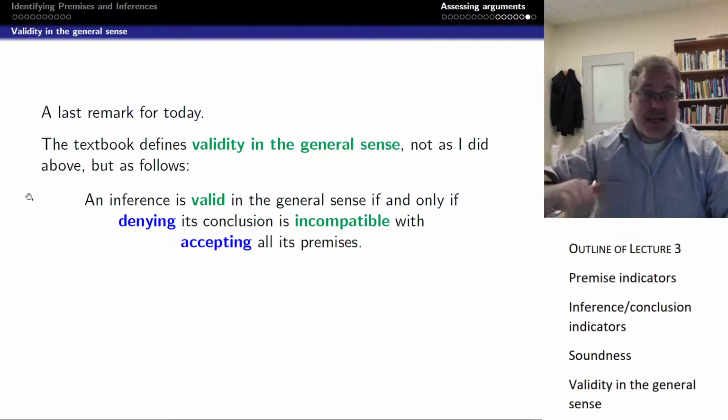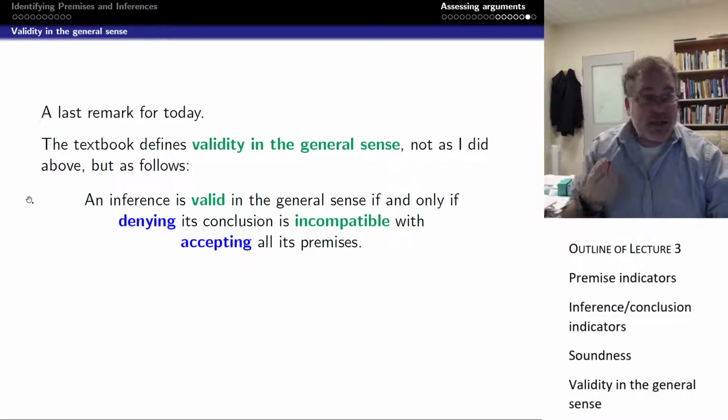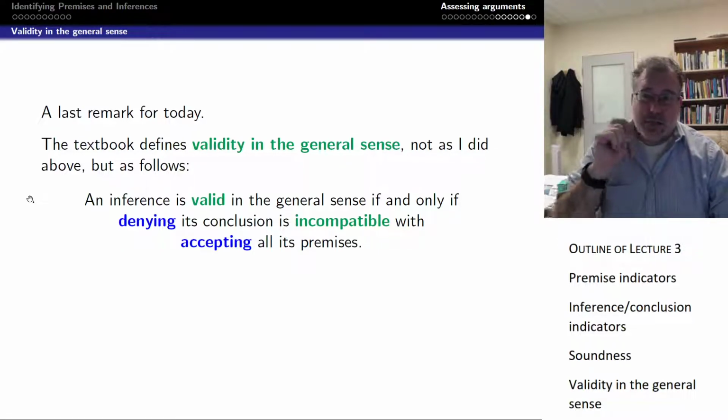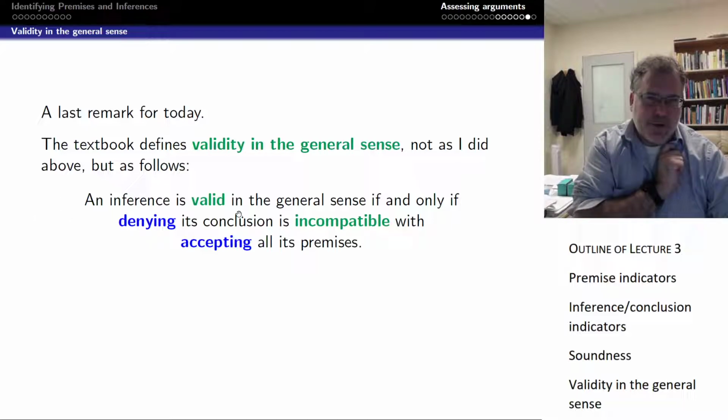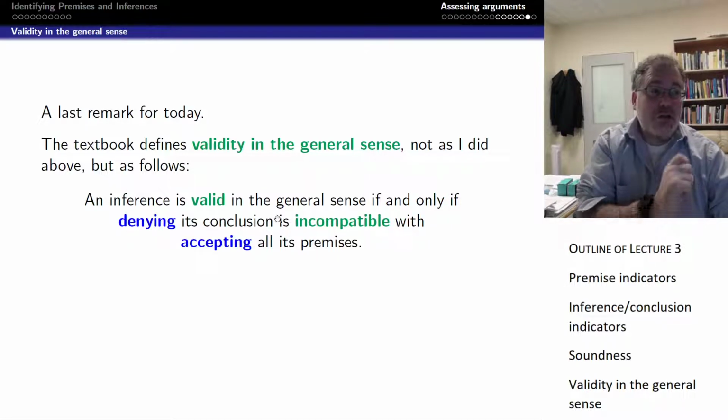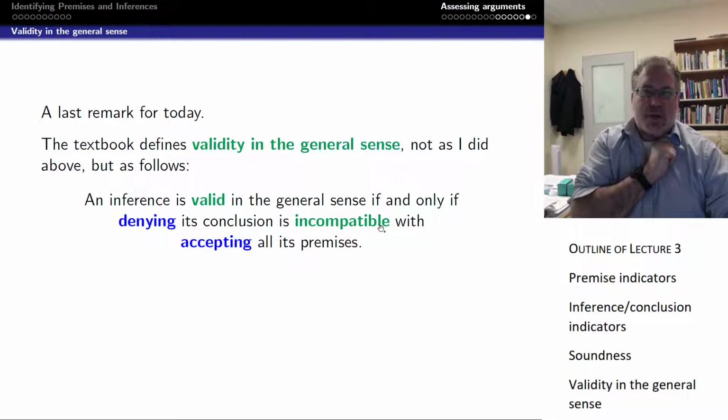Now, in today's lecture, I have provided a definition of validity in the general sense. And I'm just going to flag right now that the textbook gives a slightly different definition. One that says an argument is valid in the general sense if and only if denying its conclusion is incompatible with accepting all its premises.